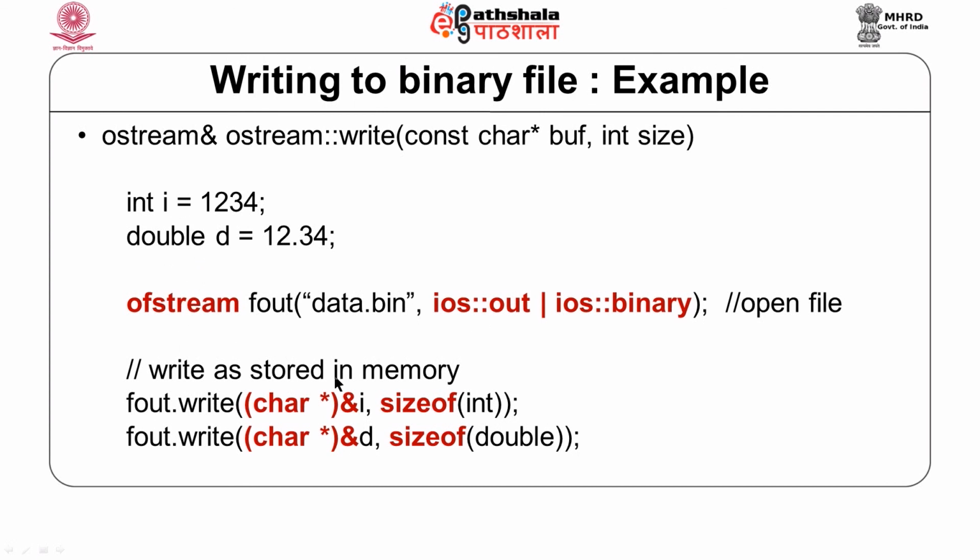To write the value of integer i, that is 1234, in the file in binary, we need to use the write method. So, we say fout.write. Now, because the first argument is a pointer to a character, we should convert our item to a pointer to character, and therefore, we have used the typecast char star here, and the address we are specifying.